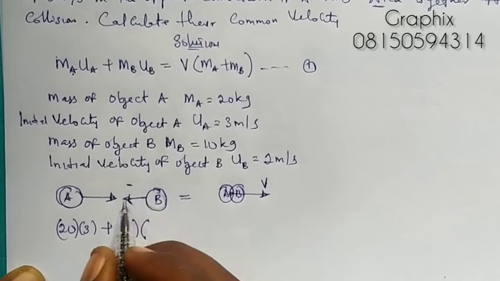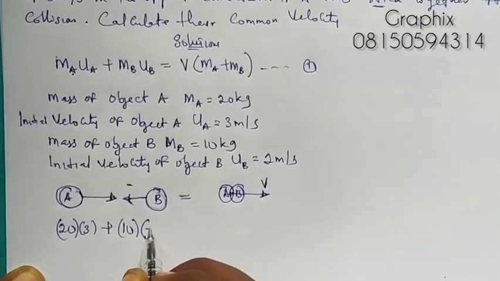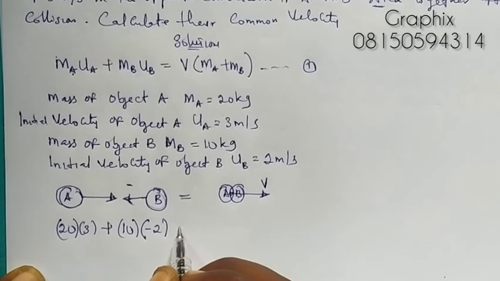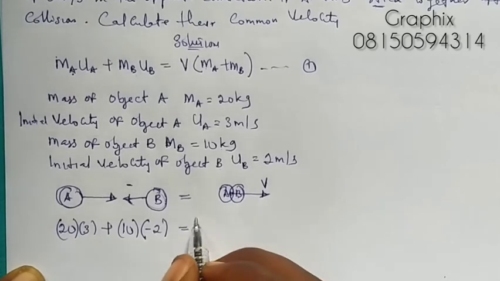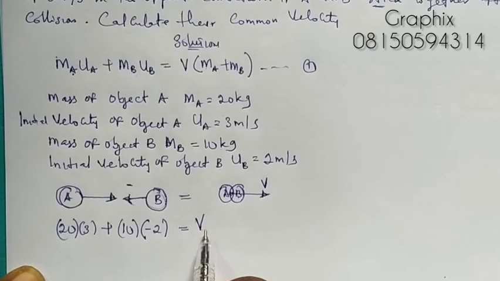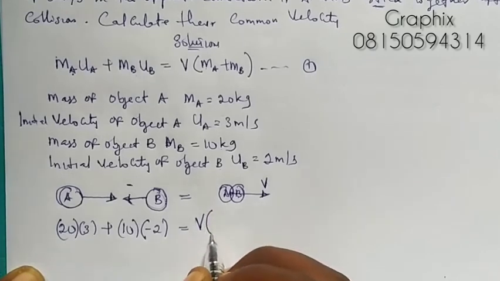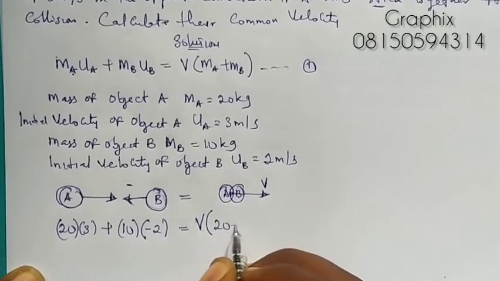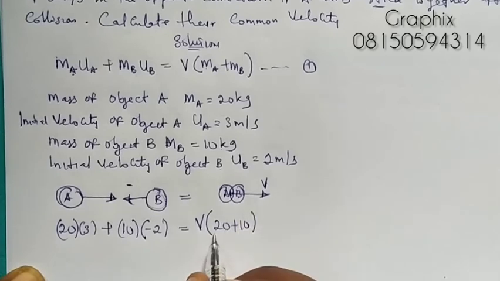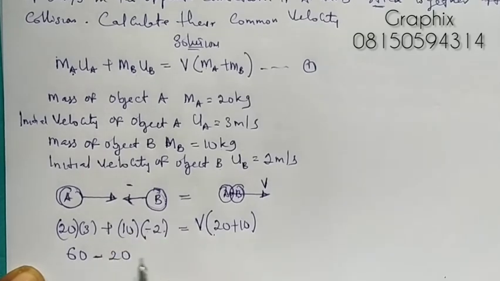Because it's going in the opposite direction of A, it is negative, so we have minus 2, equals our final velocity V, our common velocity which we don't know, times the mass 20 plus 10, because mass of A is 20 and mass of B is 10. So from here, 20 times 3 is 60, minus times plus gives minus, 2 times 10 is 20, equals 20 plus 10, which is 30.